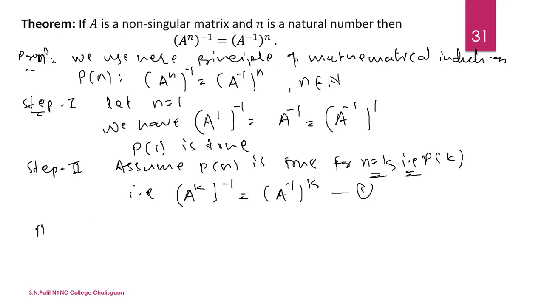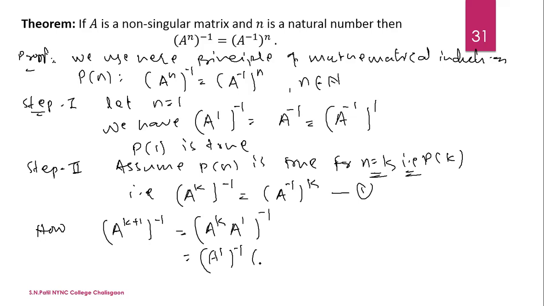Now consider A raised to k plus 1 raised to minus 1. Applying the law of indices, A raised to k into A raised to 1, raised to minus 1. Now we use here the reversal law of matrices, that is A raised to 1 raised to minus 1, A raised to k raised to minus 1 is equal to, now since P for n is equal to 1 is true, it can be written as A raised to minus 1.